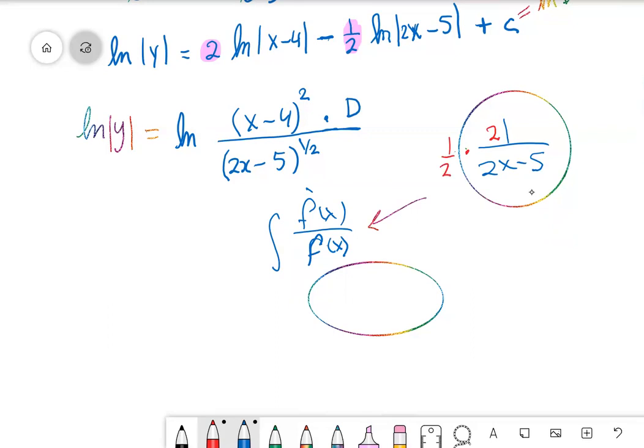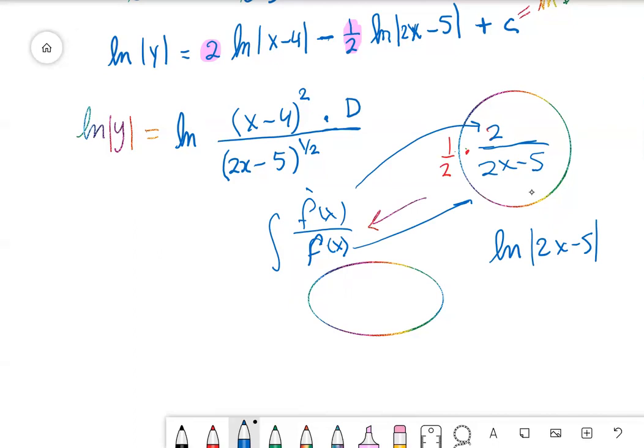So this bit now, when we have 2 over 2x minus 5, we can call this ln 2x minus 5, because we have the function and we have the derivative. So far, so good? Okay. And we have the red half here outside.